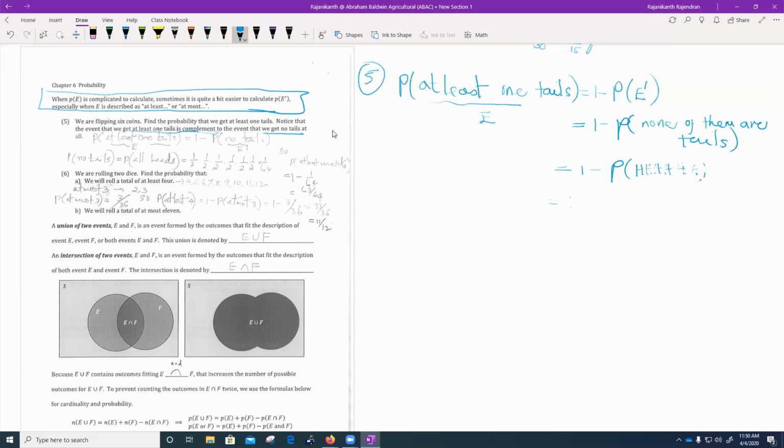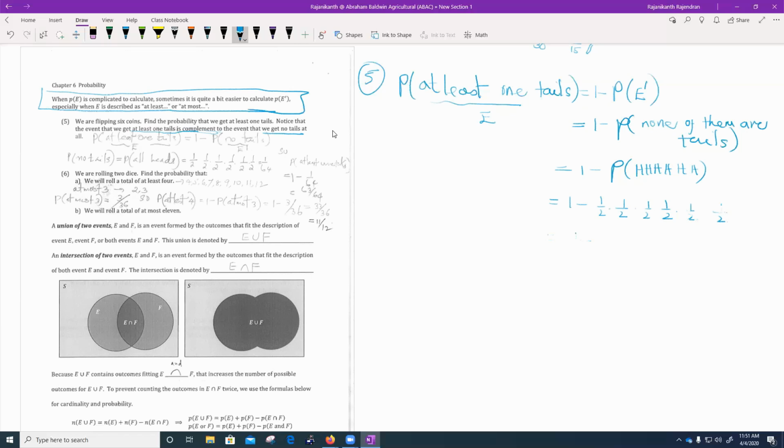Now remember, in chapter 5 we learned the counting principles. So now here I'm doing 6 tasks. Therefore, the probability of getting all 6 heads is going to be, for each we have a half chance. Therefore, you have to multiply all the probabilities 6 times: one half times one half and so on.